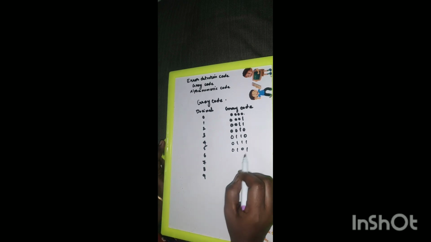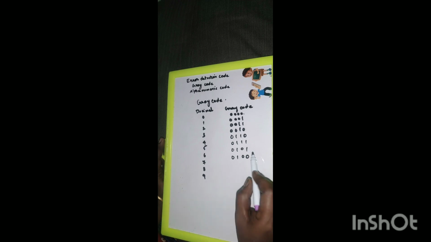Okay. The next is 7. If we change this 1 to 0, it becomes 0 1 0 0. It is also a new code. We can take it as the gray code for 7. Next is 8. If we change this least significant bit to 1, it becomes 0 1 0 1. So it is already there. We should shift to the next position.